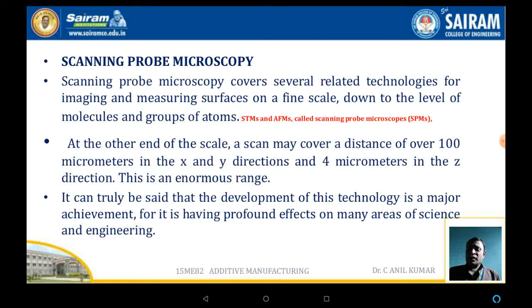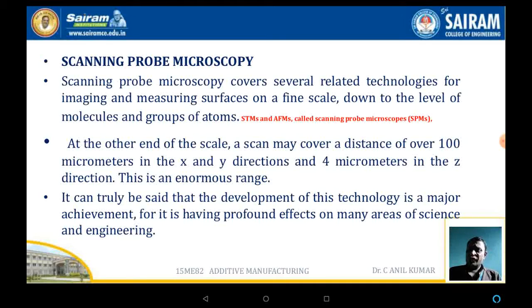At the other end, the scan may cover a distance of over 100 micrometers on the x and y axes and 4 micrometers in the z axis. This is enough for the range.